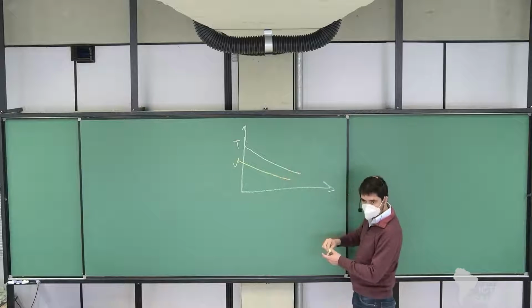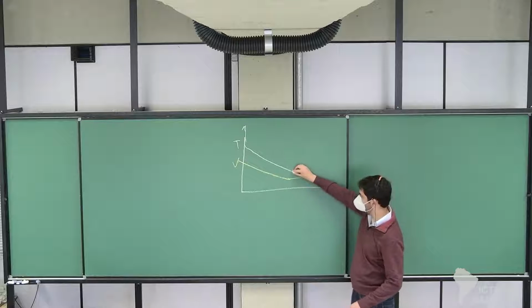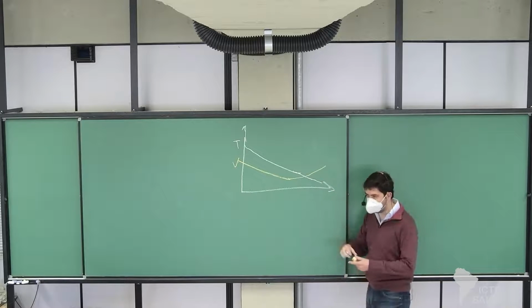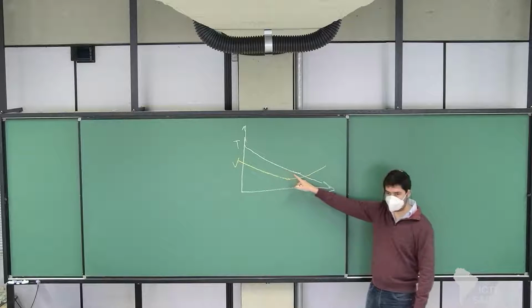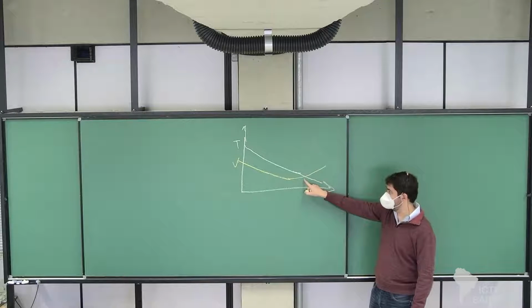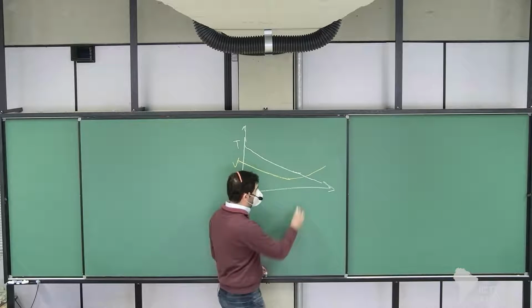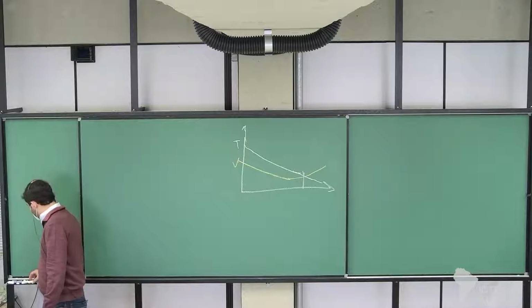But if at some point the validation error starts increasing and the training error continues decreasing, then at this point we say that we are getting an overfitting, because our neural network is starting to memorize the training data and it's not getting correct predictions in the validation data. So we should stop training here.